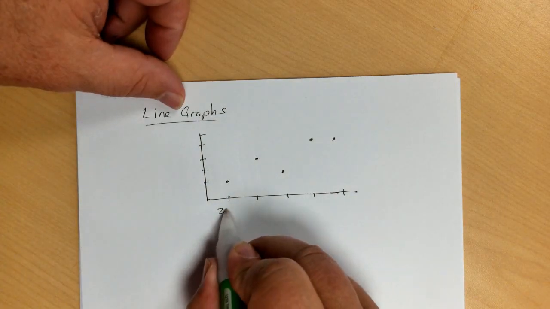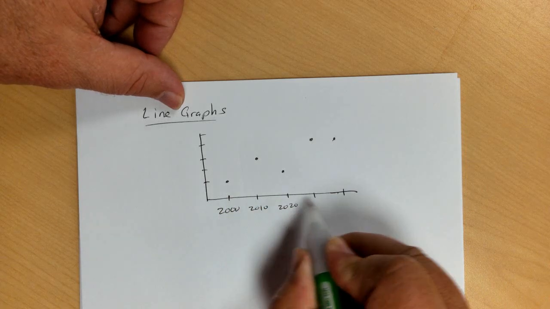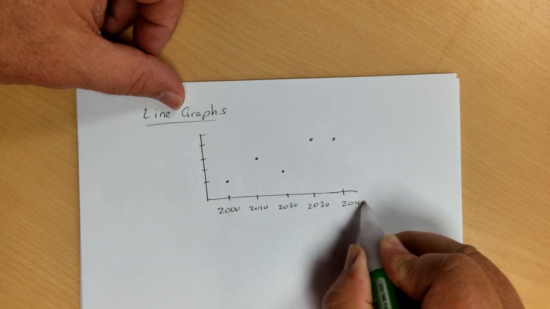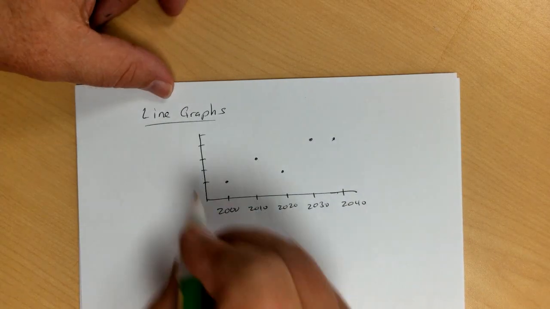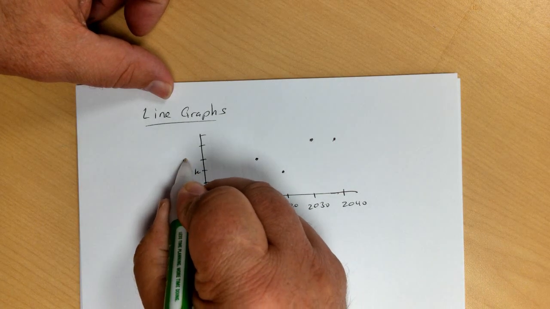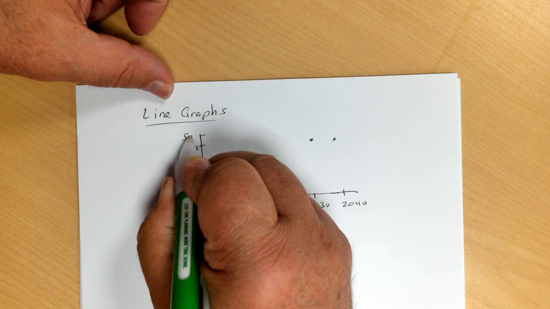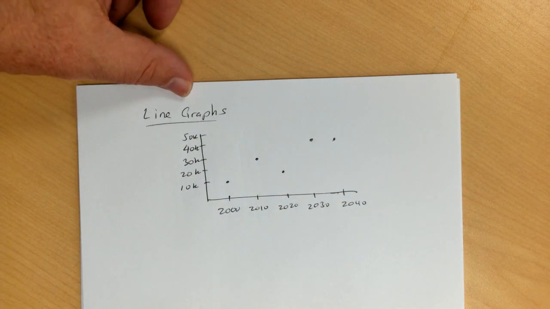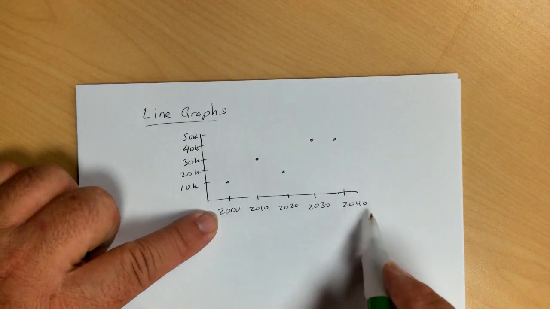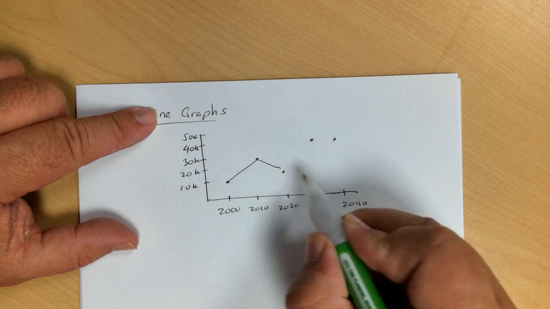So this is the year 2000, 2010, 2020, 2030, 2040. 10,000, 20,000, 30,000, 40,000, 50,000. You plot the points. You have the time and the amount of data you're looking for, and connect the dots.